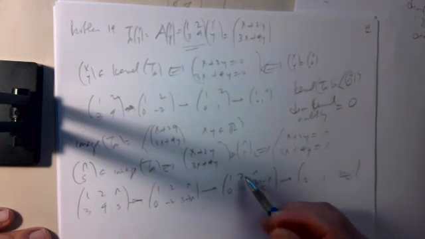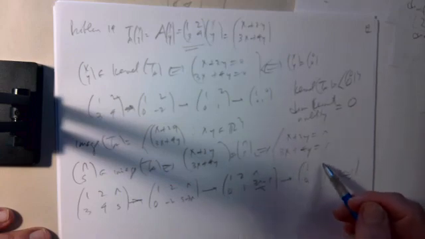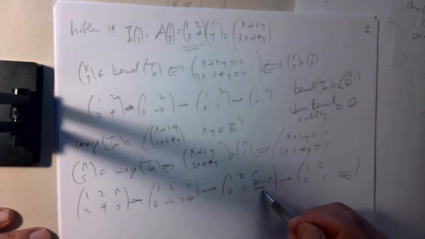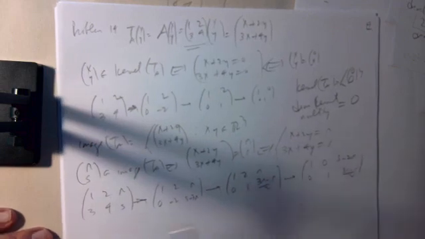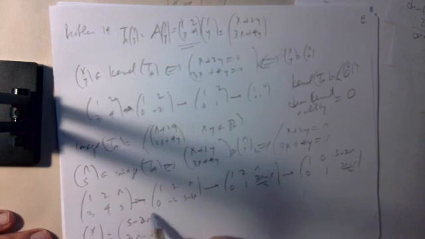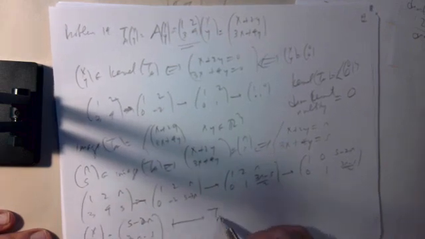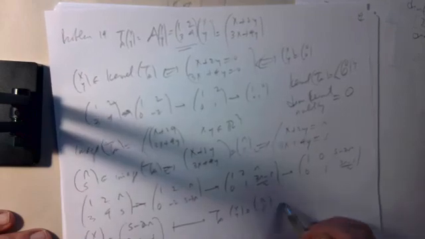Minus 2 times this row plus this row: 0 plus 1 is 1, minus 2 plus 2 is 0, minus 2 times this is s minus 3r. I get s minus 2r. So what this says is, if I let (x, y) be equal to (s minus 2r, 3r minus s)...then T sub A of (x, y) is (r, s).